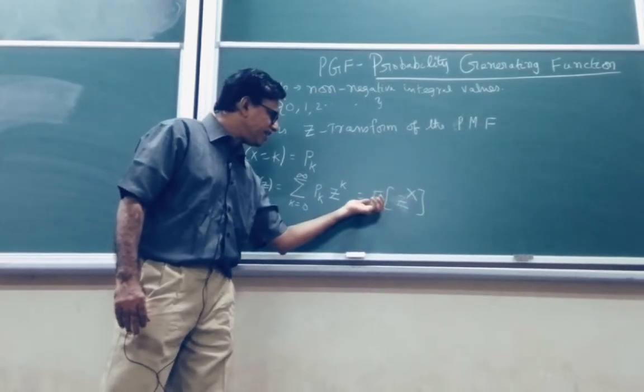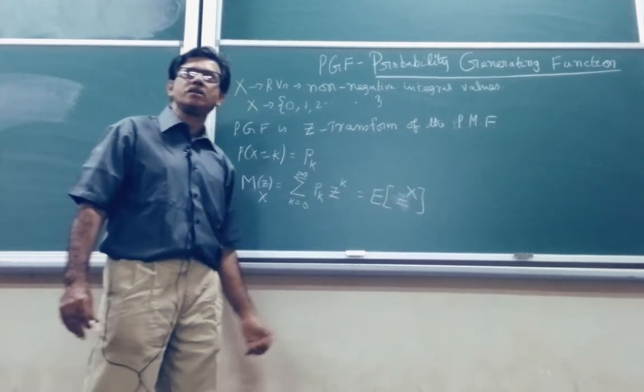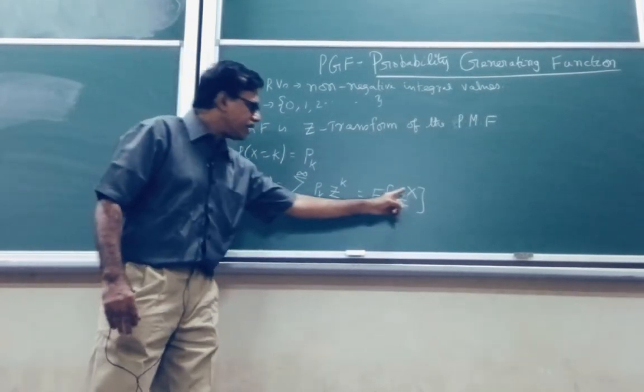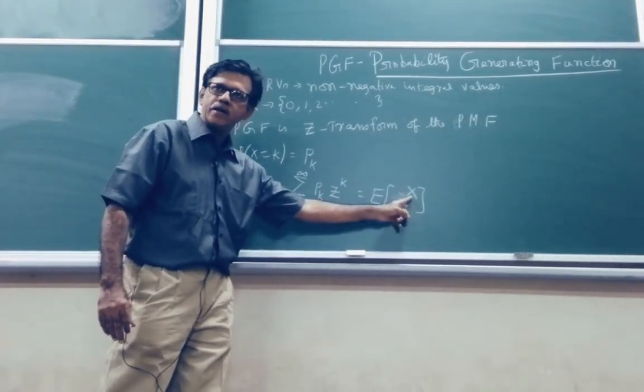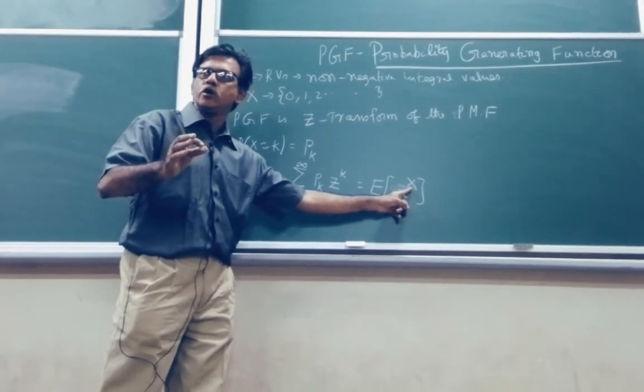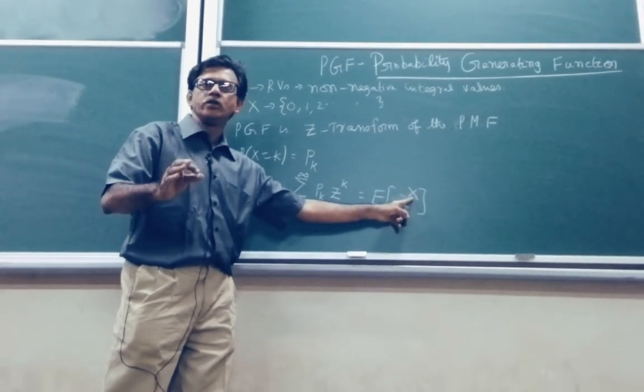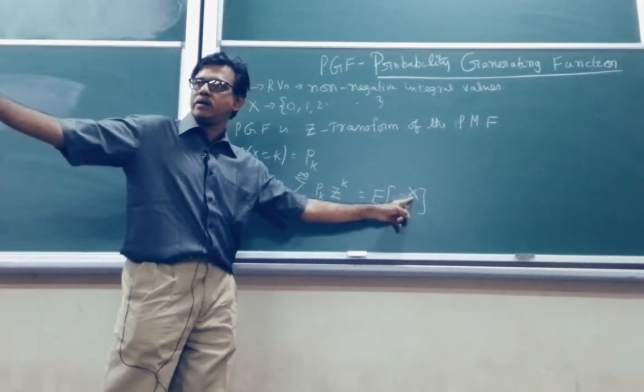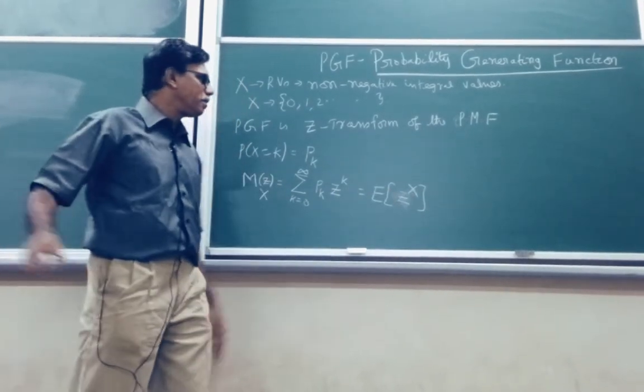So if you put expectation of z power X, what does it mean? For each of the values X can take, you give a weightage equal to the probability that the value is taken, and then sum it over the entire range. That is what it means.